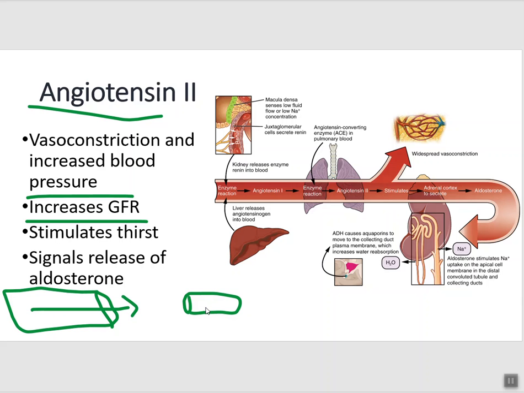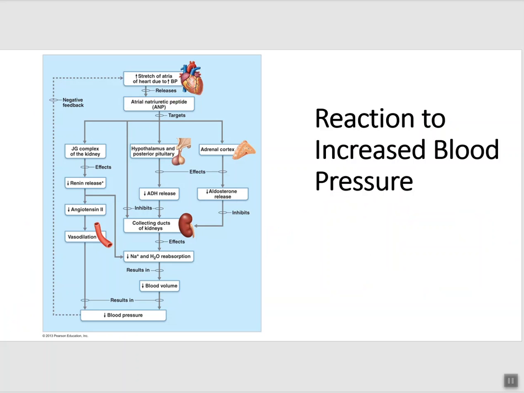The more I constrict the efferent arteriole, the more blood I have pushing through. Angiotensin will also, via the hypothalamus, send signals to the thirst center to make sure that we're thirsty and get our aldosterone release. We've already talked about all of this multiple times.